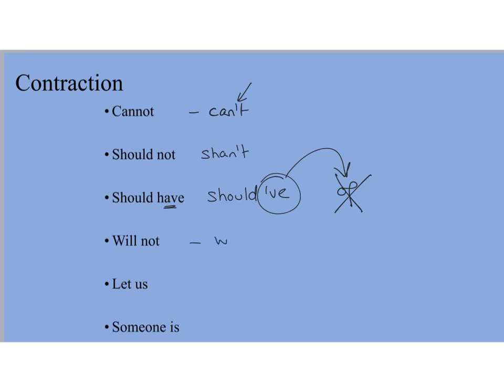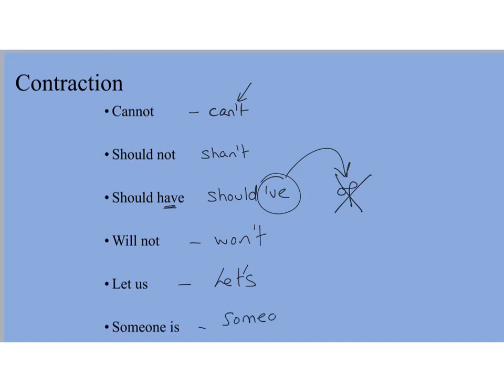Will not, won't. Let us: generally, if you write let's, as in let's go out, it still needs an apostrophe because it's the shortened form of let us. And then if you're saying someone is and you're changing it to someone's, it's still the shortened version of someone is.